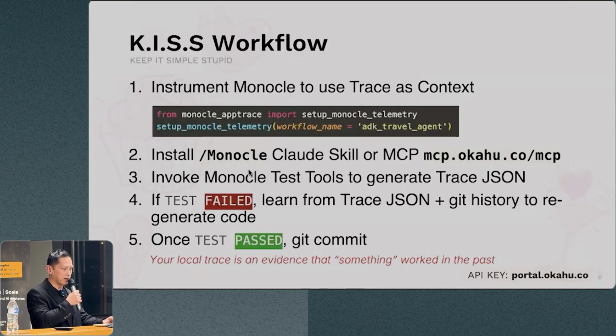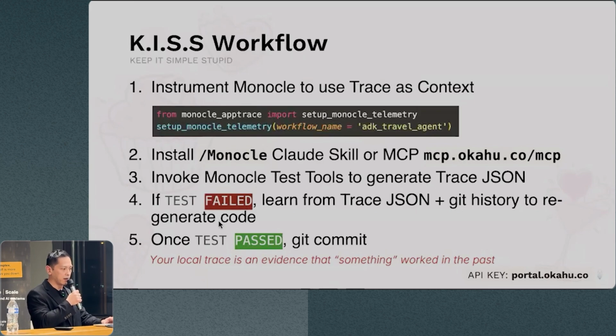What's interesting here is that you can use the trace to do an assert on your flow, and it will pass or fail depending on the sequence of the tools being called or not called, or the output of the agent call. So you use number 3 here, the Monocle test tool, to inspect the trace and decide whether it's a fail or a pass.